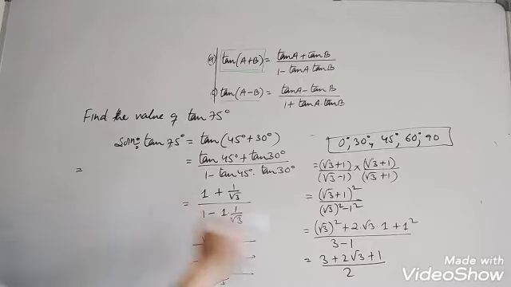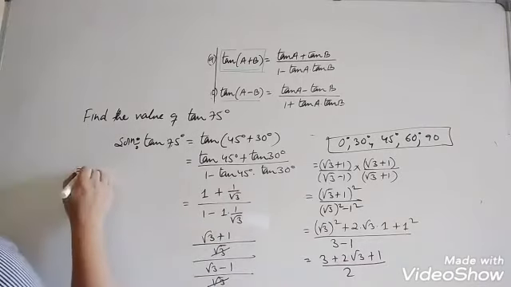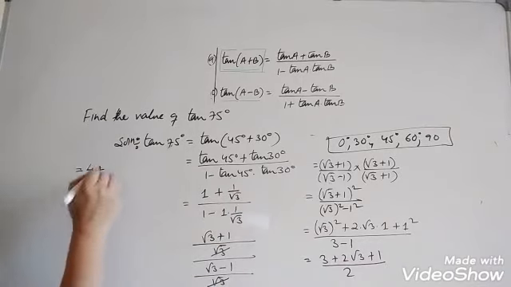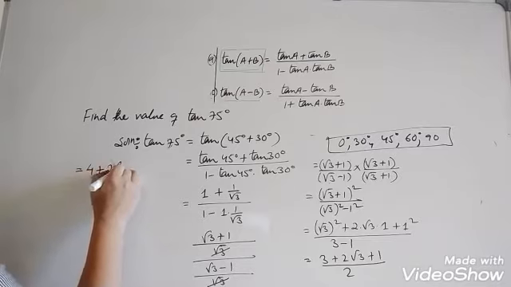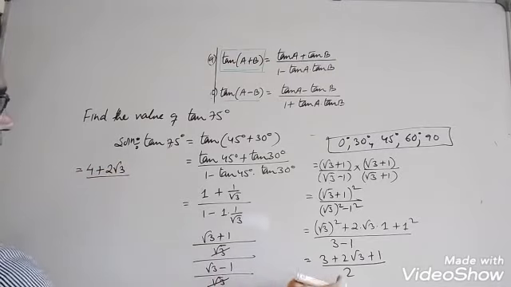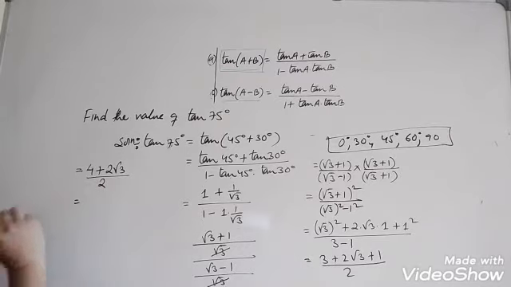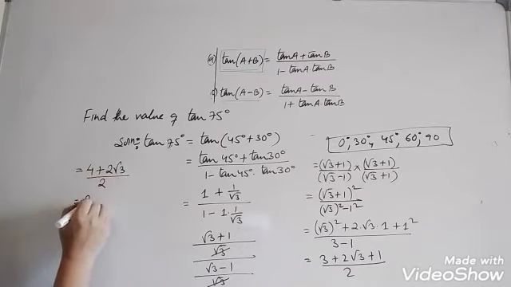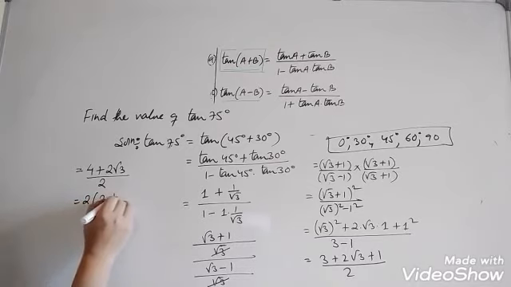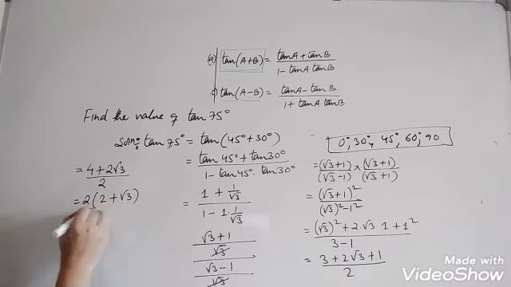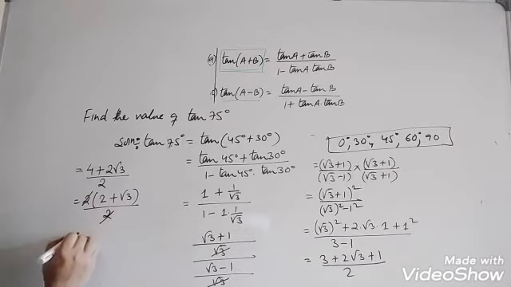So 3 plus 1 is 4, plus 2 root 3, divided by 2. 4 is a multiple of 2, so we can take 2 as common: 2 into (2 + root 3) divided by 2. The 2 cancels, so 2 + root 3 is the answer.